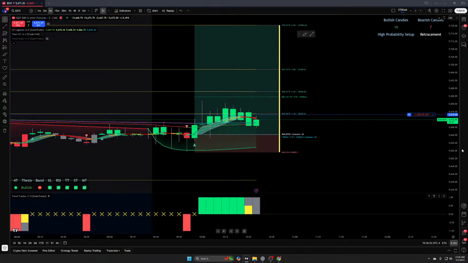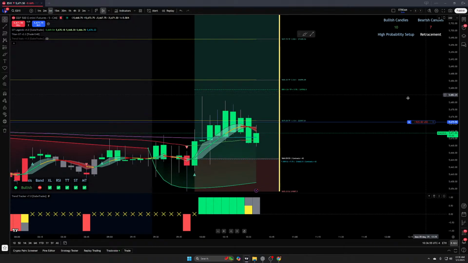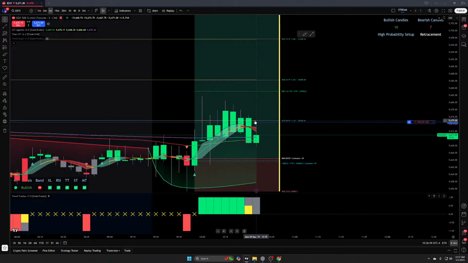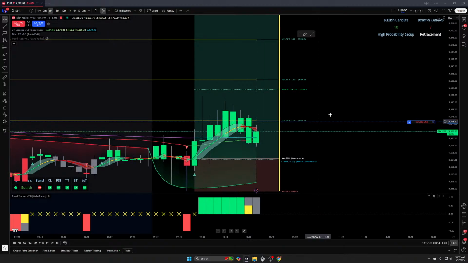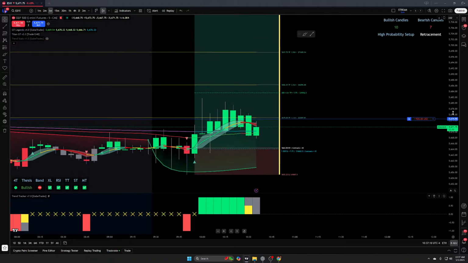What it looks like is we're stuck in a range with ES. We're stuck in a range here where you got the level there, then you got the 200 right there. That's the range, and then now the band's coming in. So this is the beauty of trading small like this.